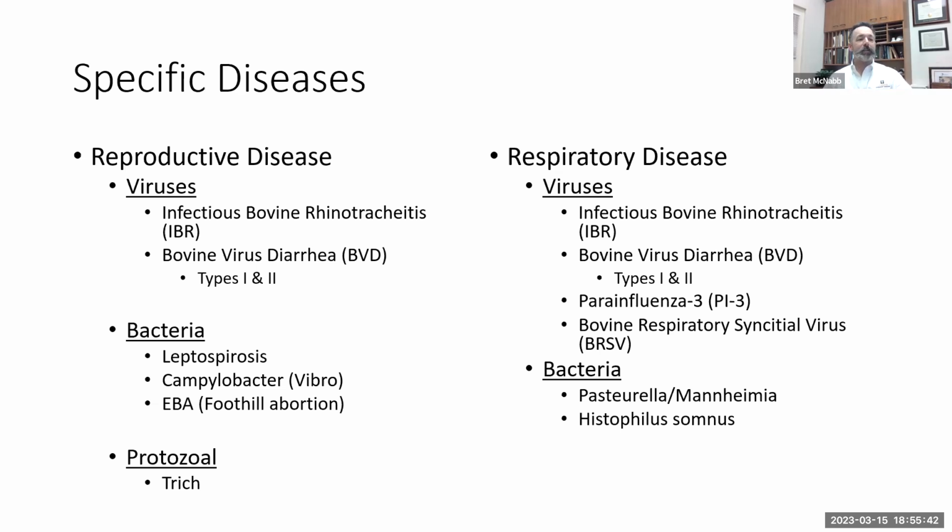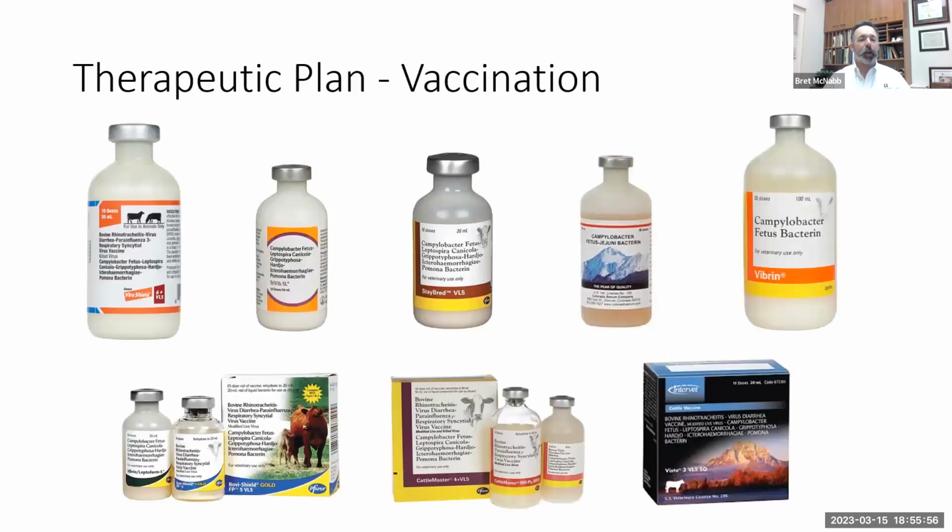There are many other diseases, such as bacterial pneumonia, pink eye and scours, that I haven't listed here. But for reproductive diseases, we have just a few core ones that we recommend. There are a lot of products out there, and again, all the multivalent ones, both killed and modified live, work well.